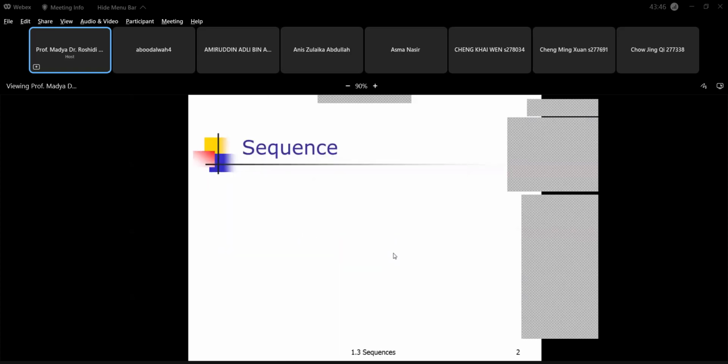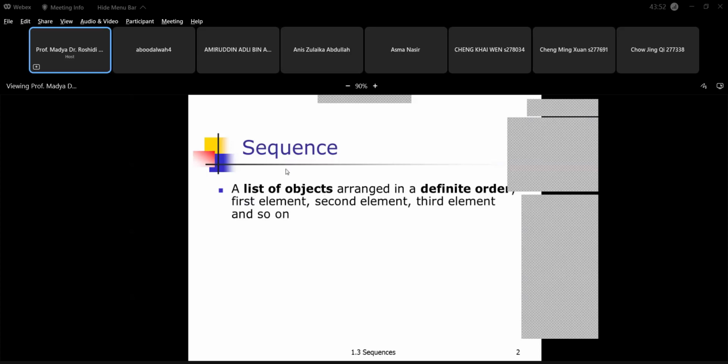Okay. What is sequential? Sequential is a list of objects. But for our case, actually we focus on a list of numbers, where we arrange in a defined order. We start with the first element, second element, third element, and so on.